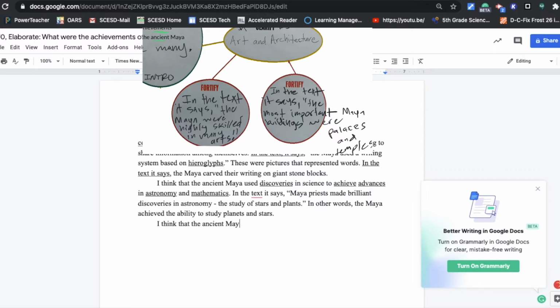What can we say about art and architecture? I think that, why don't we just say I think that art and architecture was another important achievement of the ancient Maya.